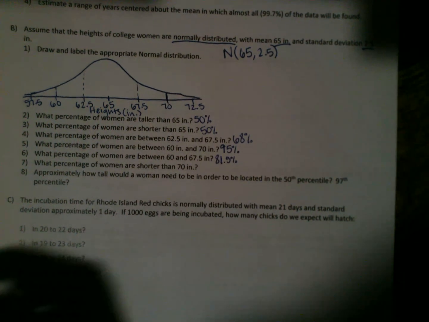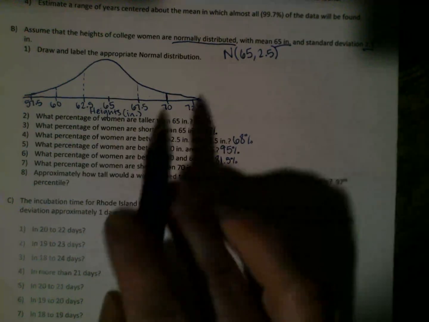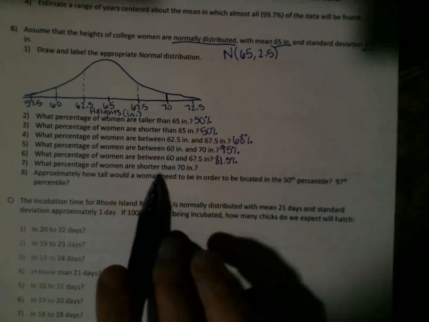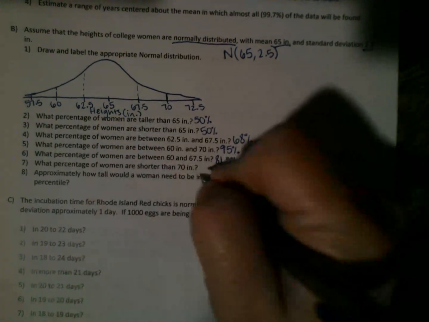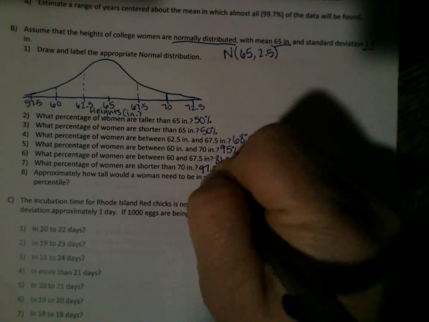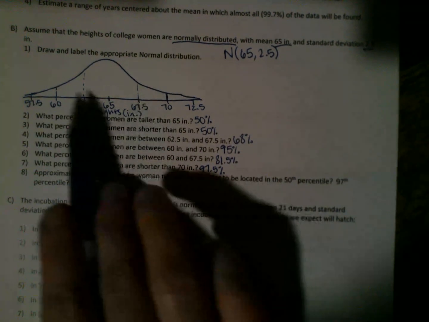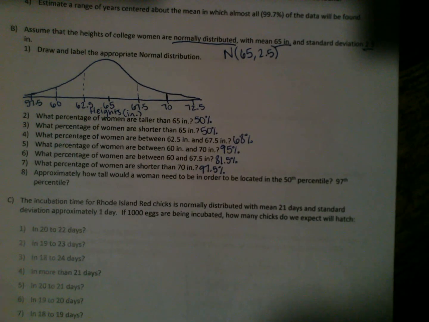So 2.35 plus 0.15 is 2.5%. So if I know that above 70 is 2.5%, then shorter than 70 inches would be 97.5%. Now, of course, you could get that by adding up all the sections below 70. I just think that it was faster to add up what's above it.